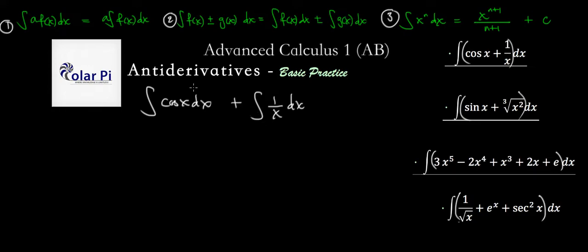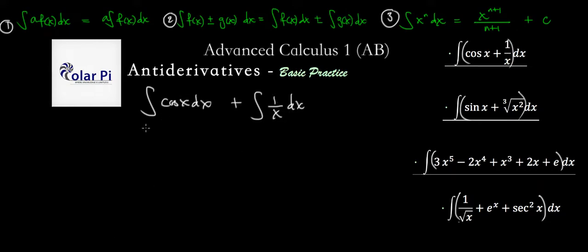I used integral for short for indefinite integral, but antiderivatives are indefinite integrals, so I'm allowed to say the indefinite integral of 1 over x dx if I wanted. But anyway, this is what we do using this property here, and lucky for us, we recognize both this guy and this guy.